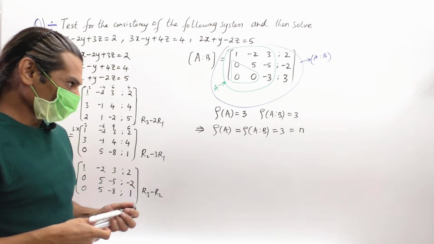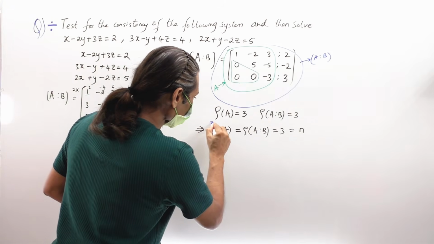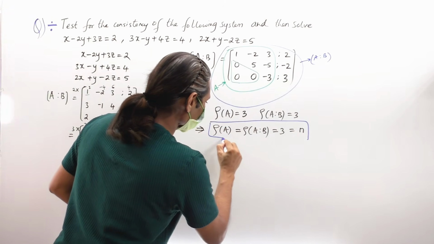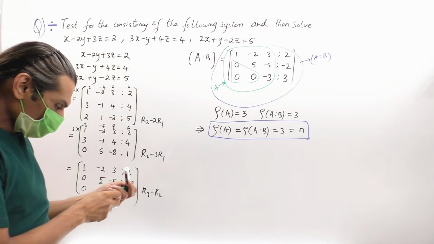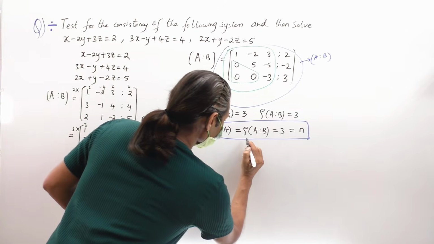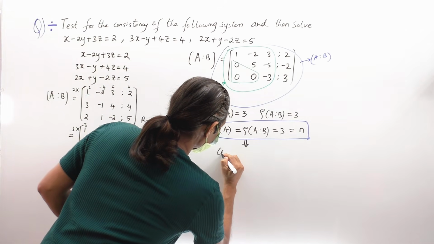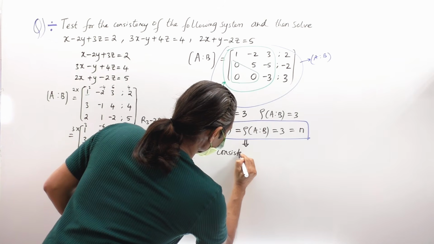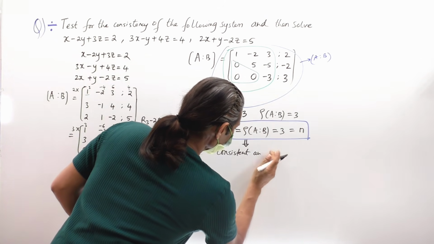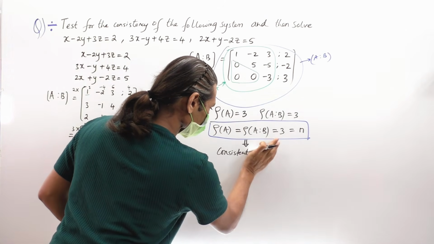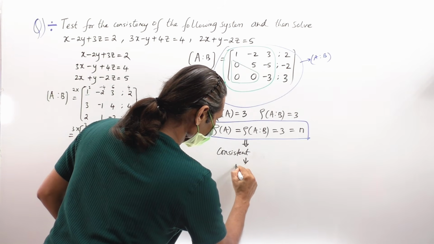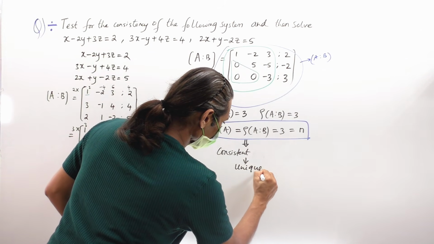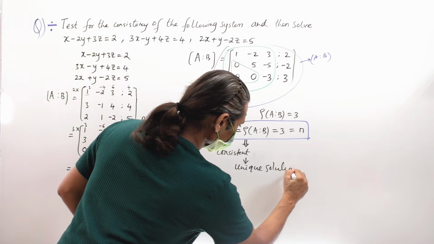That's it. Therefore, I write here rank of A is equal to rank of A augment B, that is equal to 3. That means it is what? Consistent and unique solutions.